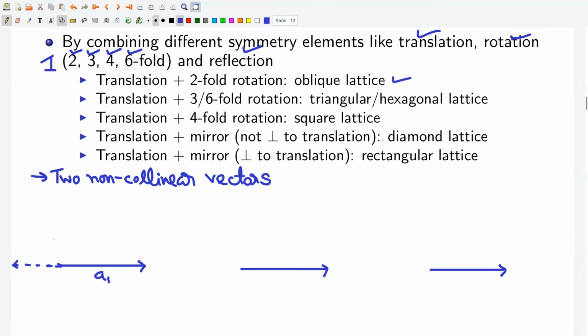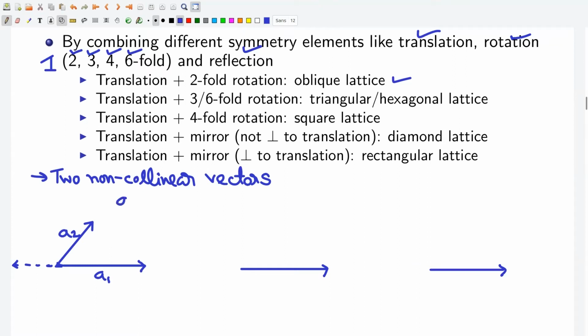So what we need to do is put the other vector in a manner such that it is non-collinear. So let us put A2 here. In this case, there is no restriction on the second vector.